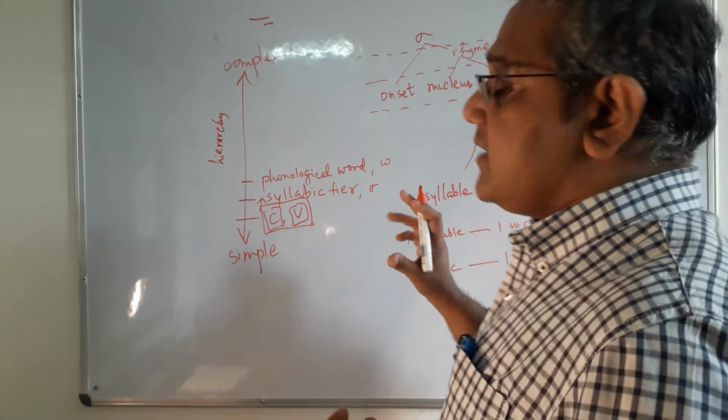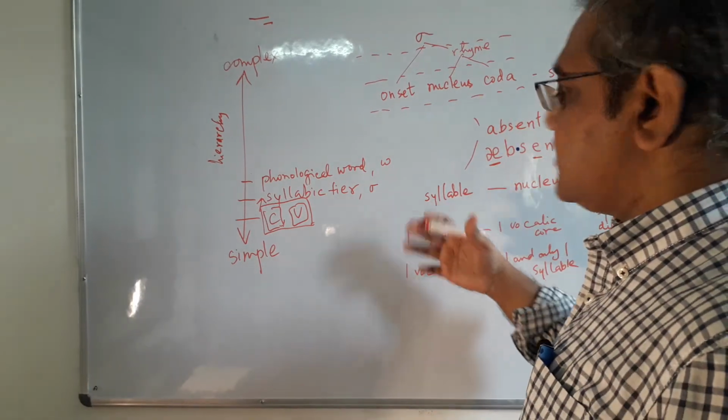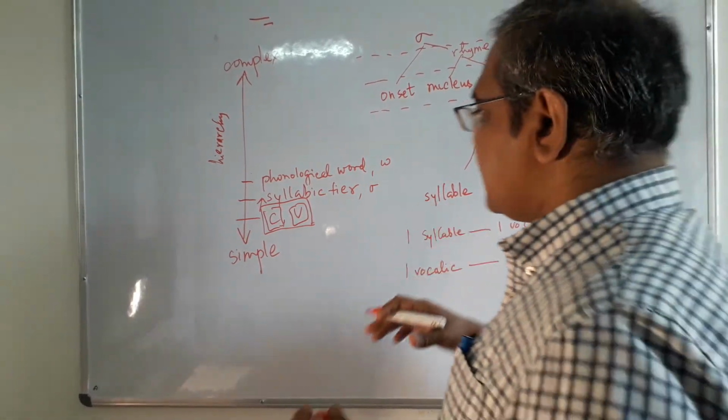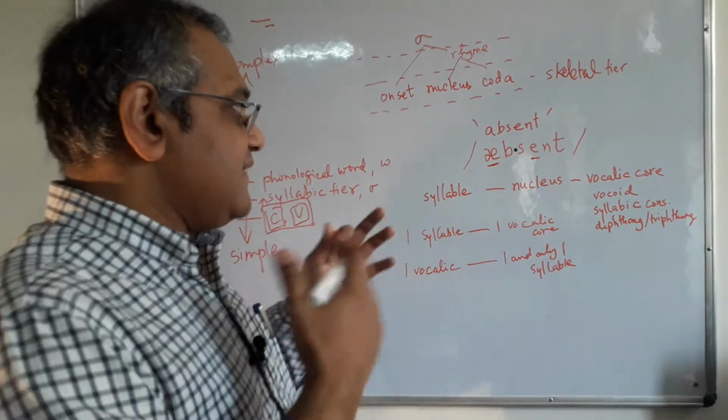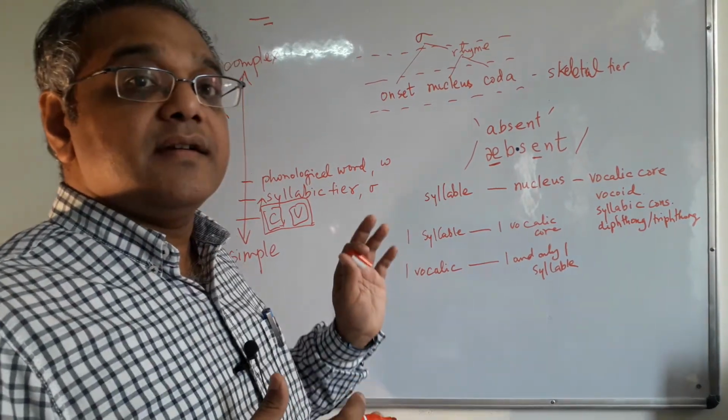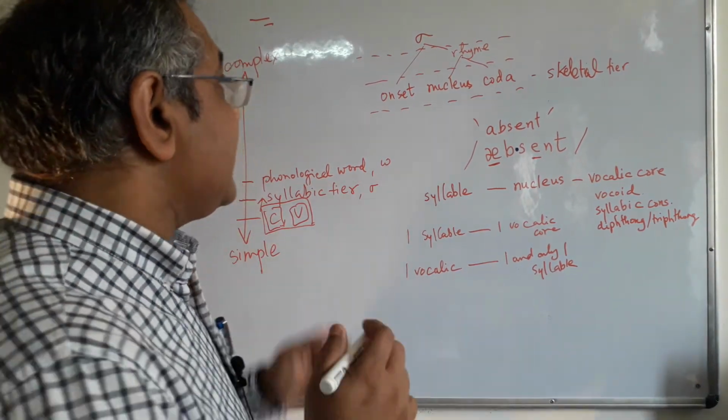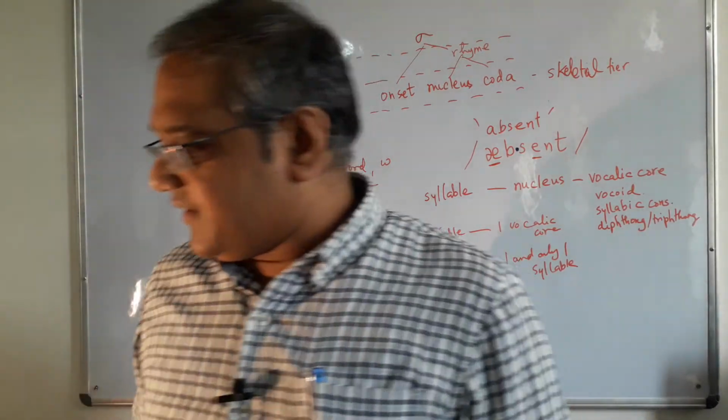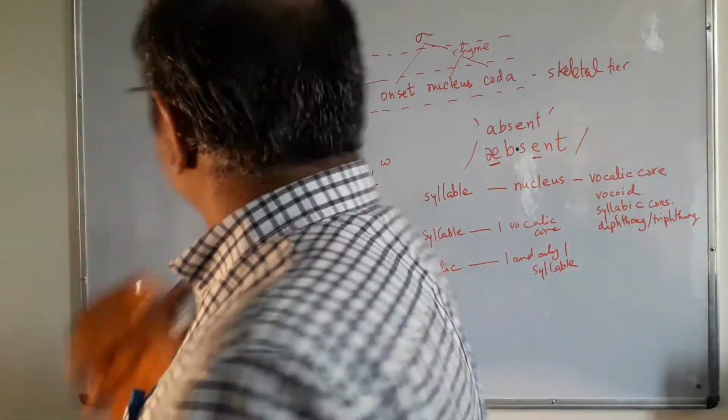So, this twin definition taken together allows us to identify the number of syllables in the scheme of things. In this case, let us look at the internal structure of the syllable in a little more detail.